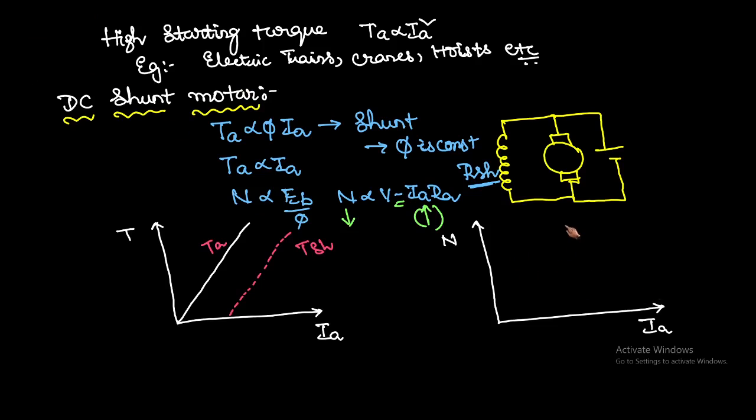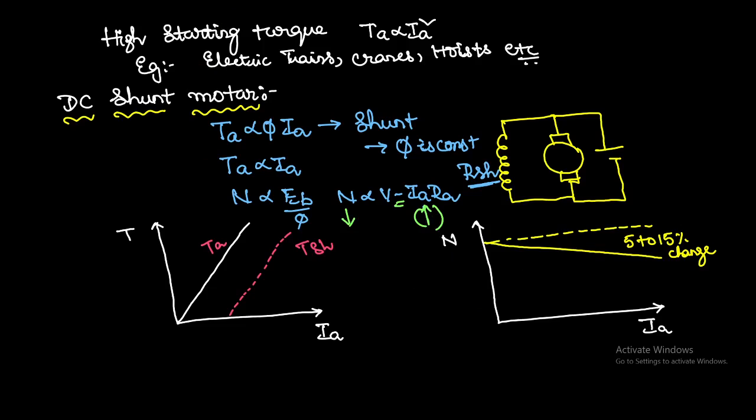At no load, it maintains an almost constant speed, but because of the drop from friction and windage losses, the speed decreases. There will be a 5 to 15% change in this case, so we cannot see much change even as the armature current increases.